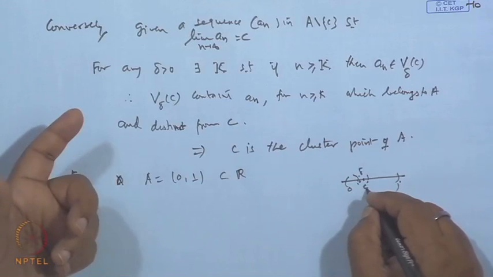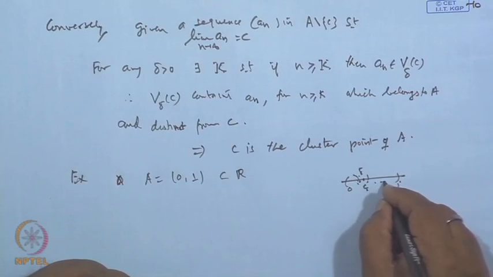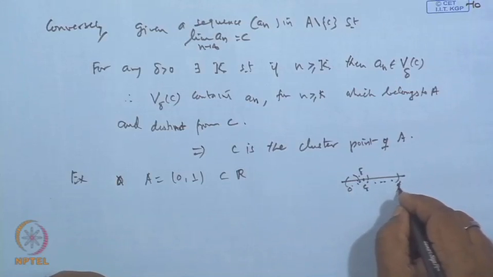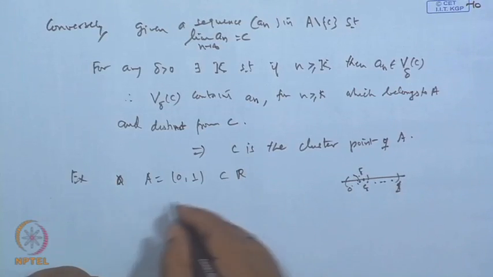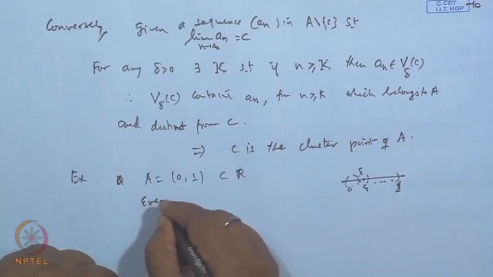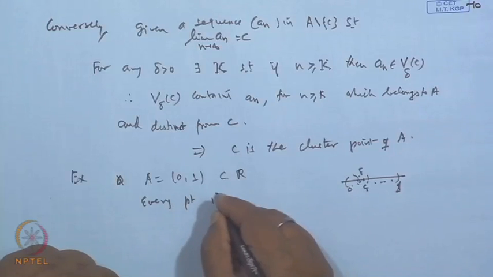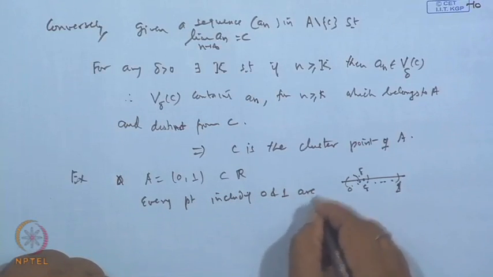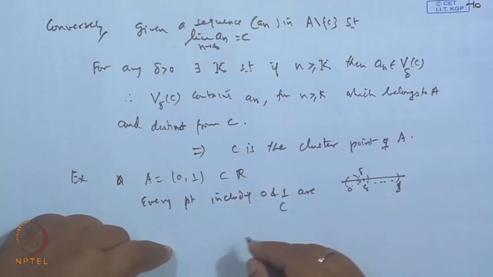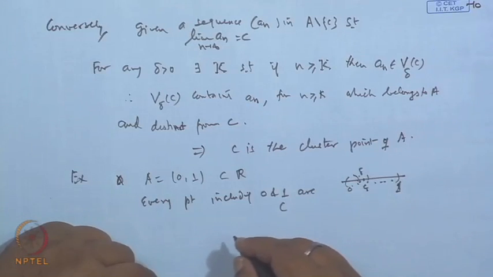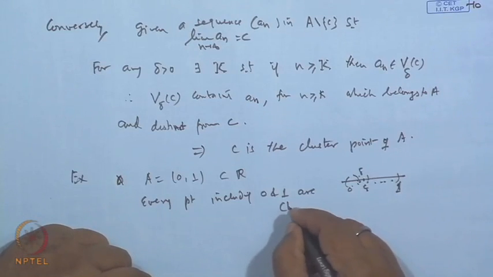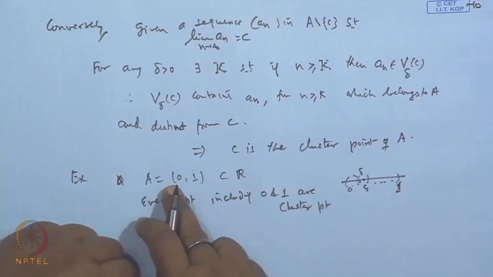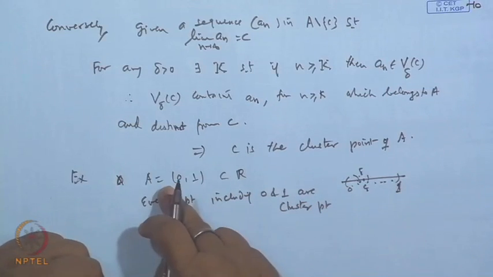So c becomes the cluster point, and this is true for any c, arbitrary between 0 and 1. So every point including 0 and 1 is a cluster point, but neither 0 nor 1 is available in A.